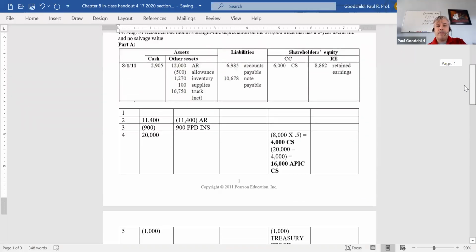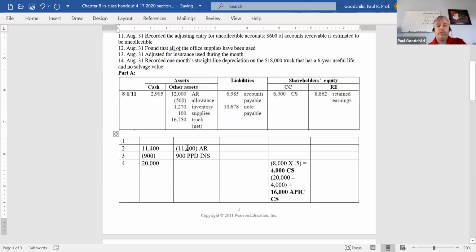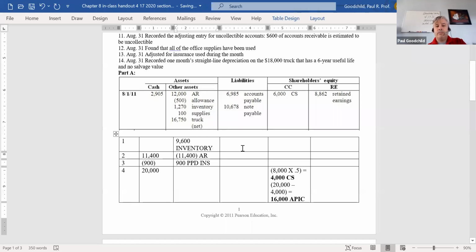So we're going back to number 1. We have 9,600 in inventory and 9,600 in accounts payable.